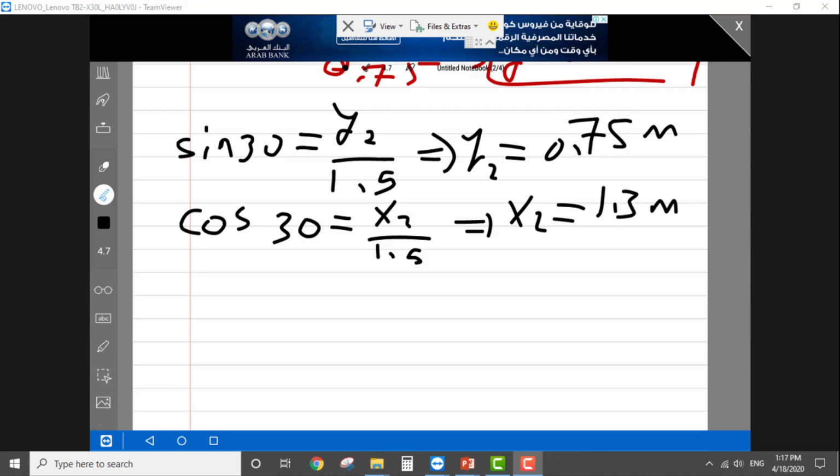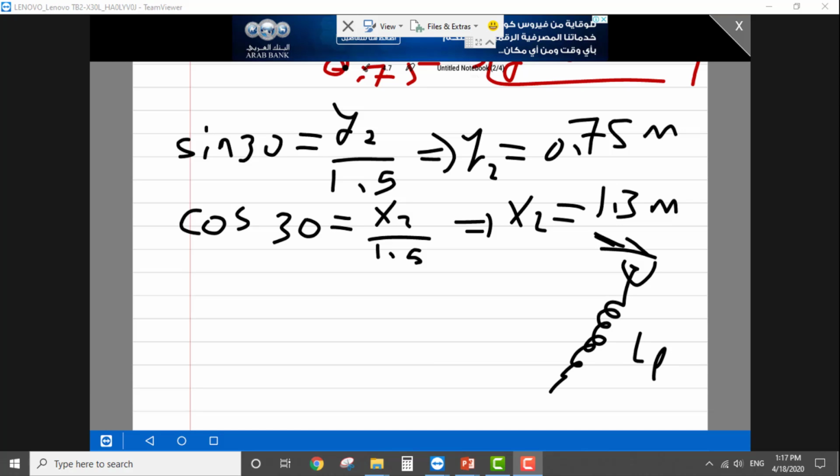Now we can find the L final. Let me draw it again. So here is L final. Here is the dot, which is 1.5. Now here is the reference.